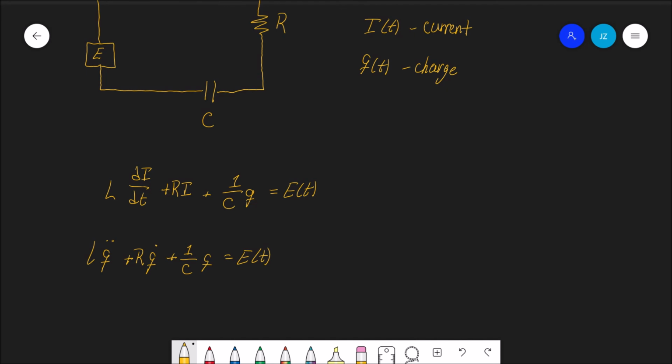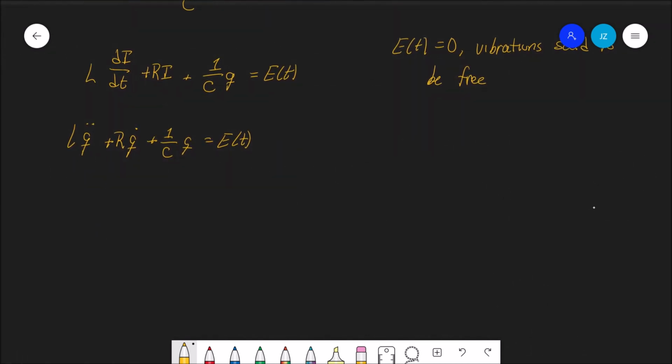Now, if E of t is 0, the electric vibrations are said to be free. So we have a homogeneous equation in this case. So the auxiliary equation will be Lm squared plus Rm plus 1 over C is equal to 0.